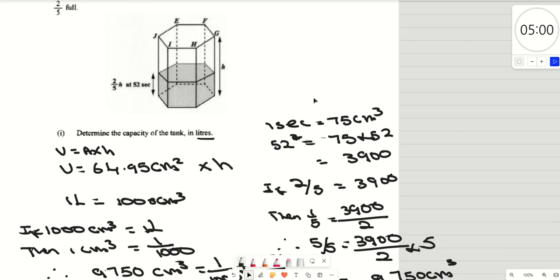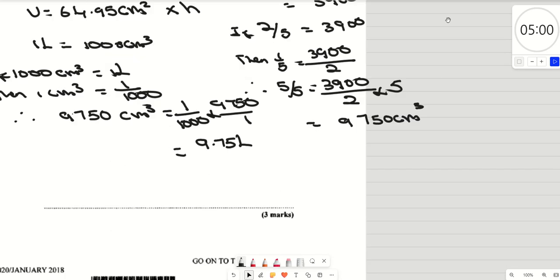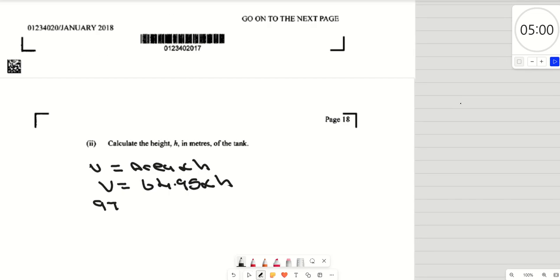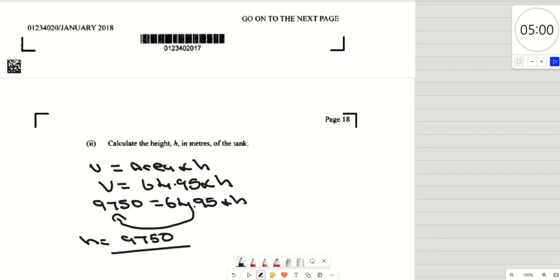They're asking you for small h. 9,750 is equal to 64.95 multiplied by h. If we carry this across, it will turn to divide by. So h is equal to 9,750 divided by 64.95.